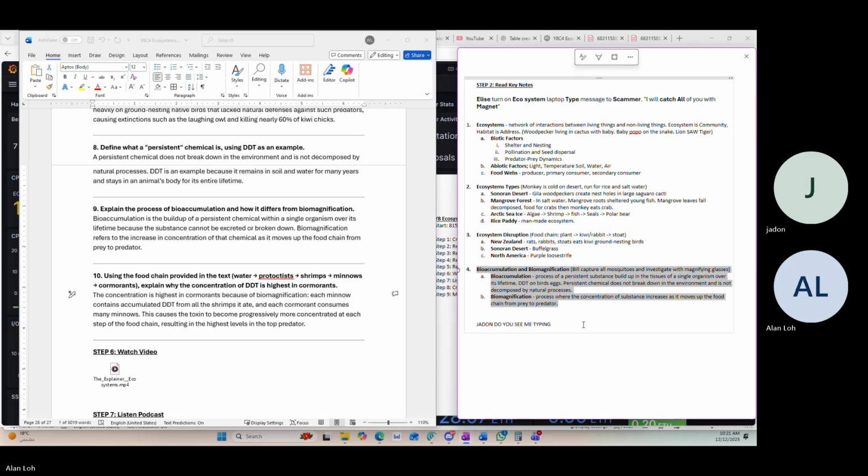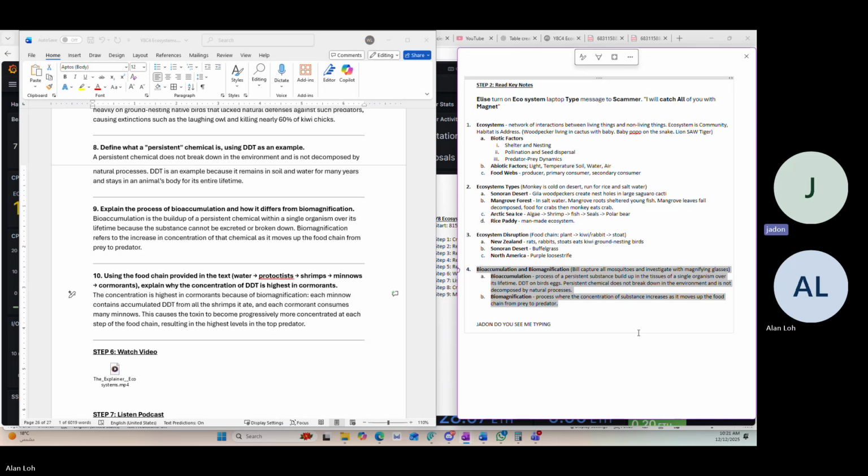Jaden, do you see the bold, the one that I grayed out? Do you see? Right. You can always refer back to the answer. Tell me what is bioaccumulation and biomagnification.